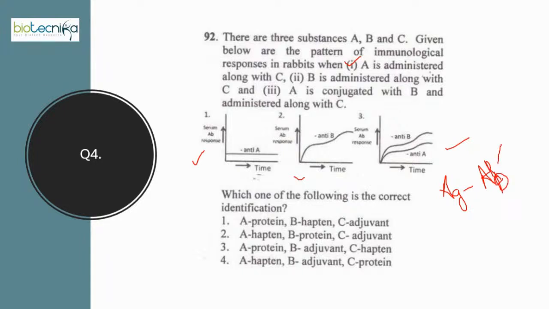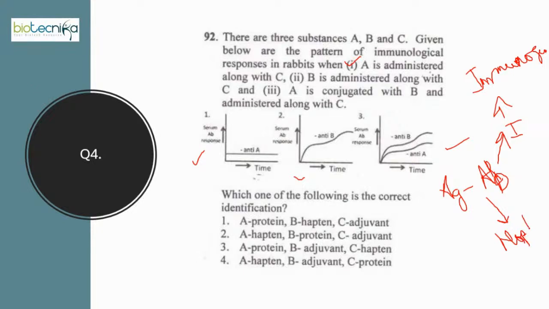If this elicits an immunological response, then you can call it an immunogen. If it simply binds, but does not initiate any immunological response, then it can be a hapten.